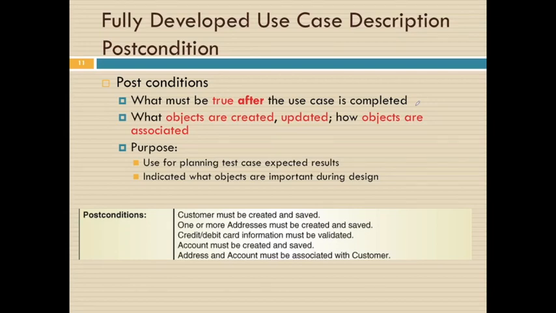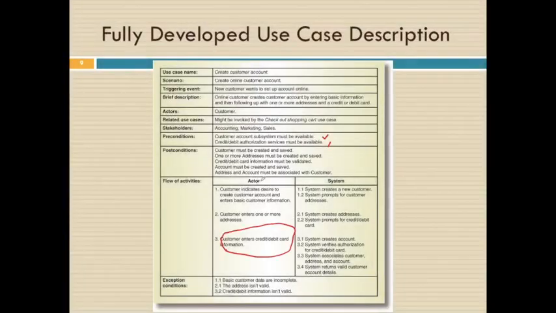For example, we want to create a customer account. So the post-condition would be: customer must be created and saved, addresses must be created and saved, credit debit card information must be validated, account must be created and saved. So basically, post-condition is what will happen after we run this use case.